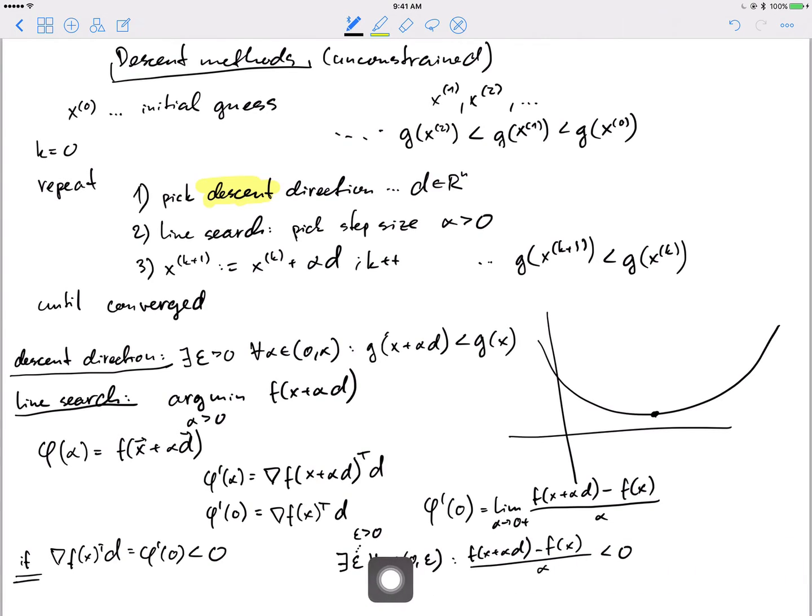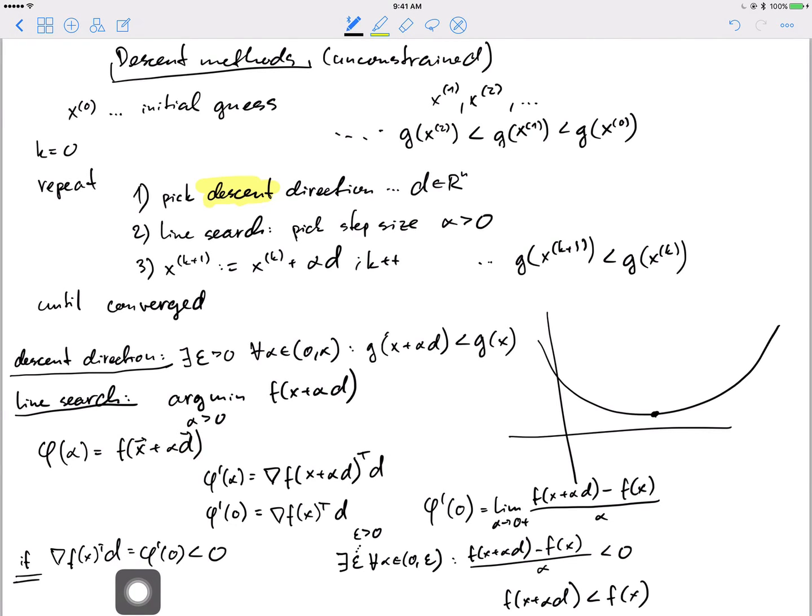Well, because alpha is positive, I can multiply it by alpha, and I see that f of x plus alpha d must be less than f of x. Okay? So that's a way of formally proving that if this derivative phi prime of 0, which is the dot product of the gradient of f at the point x and the descent direction, is negative, then my d is a descent direction.